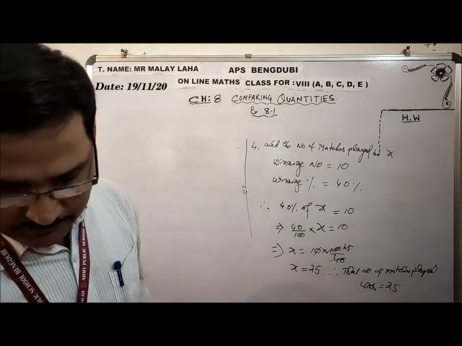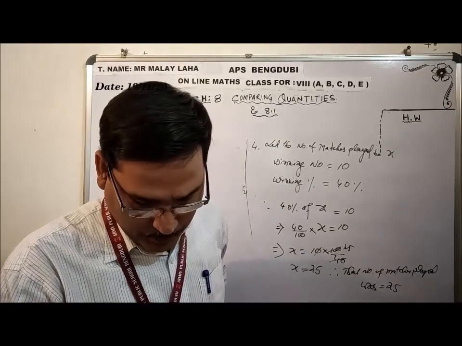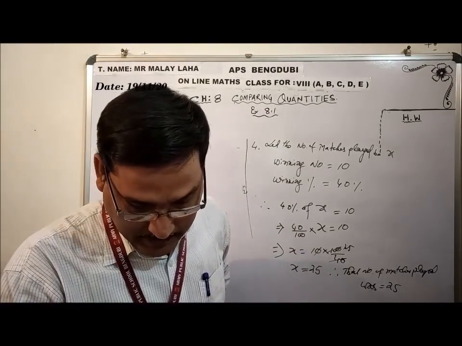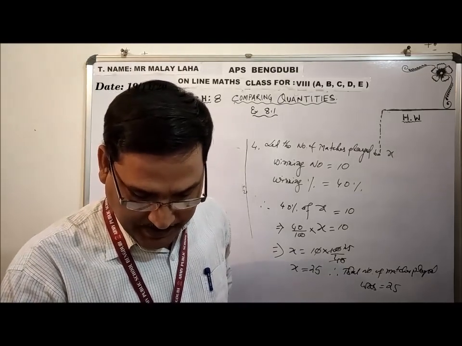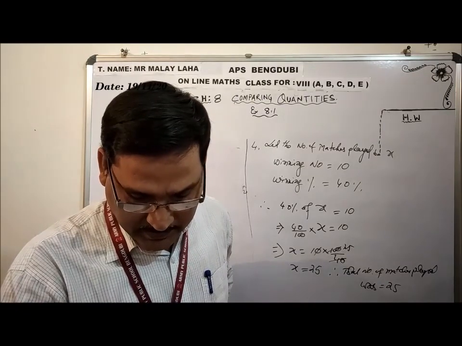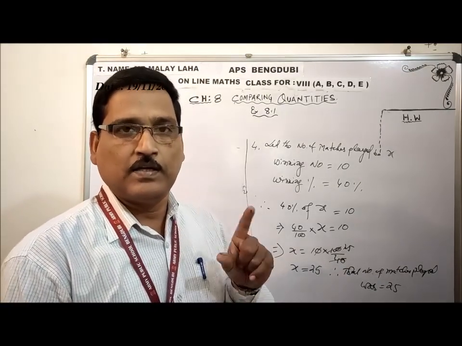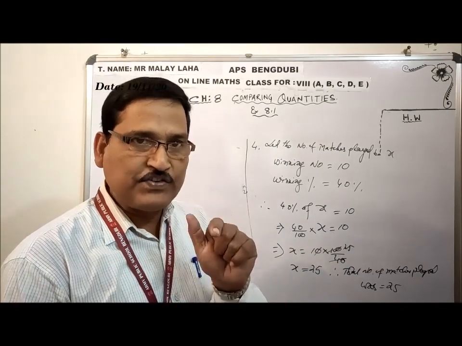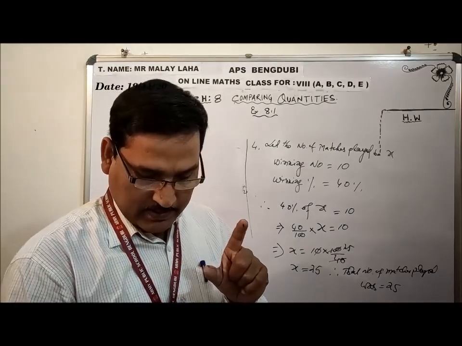Question number 5. If Chamili had rupees 60 left after spending 75% of her money, how much did she have at the beginning? Here there is a confusion. You cannot make a link directly.